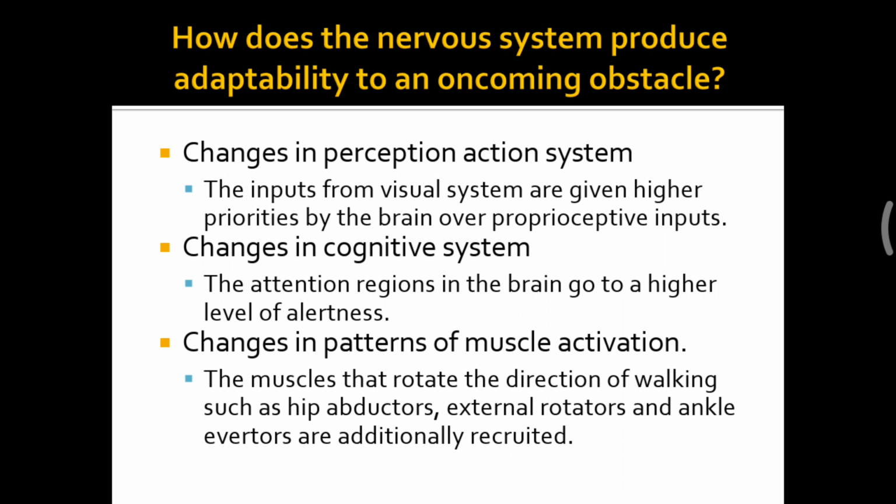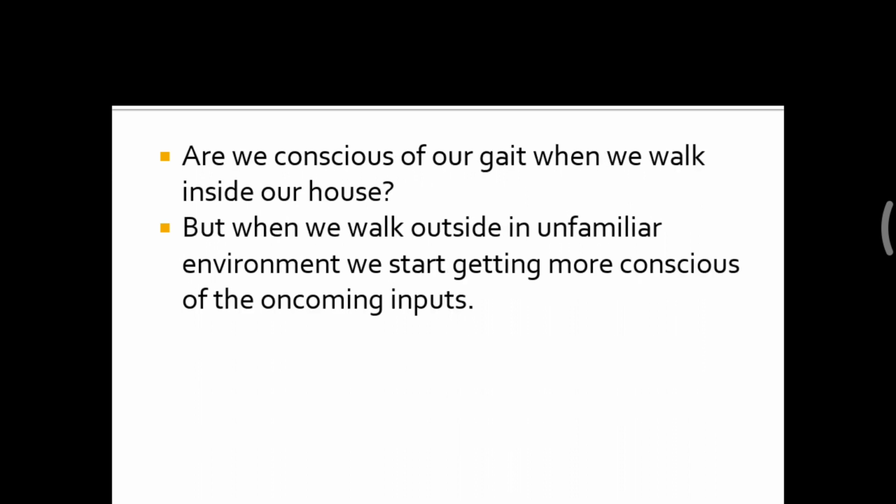So we see that the nervous system produces adaptability, but you see that a lot of your cerebral cortical areas, which are primarily thinking, reasoning, and interpreting what's happening in the outside environment, all come into play in addition to the changes in the pattern of muscle activations. Okay, right? So the nervous system is going to be involved during this particular activity, right?